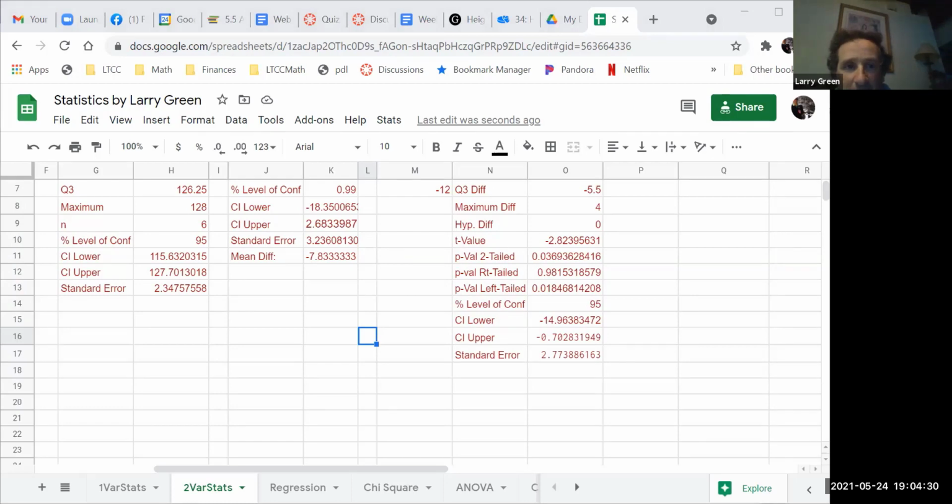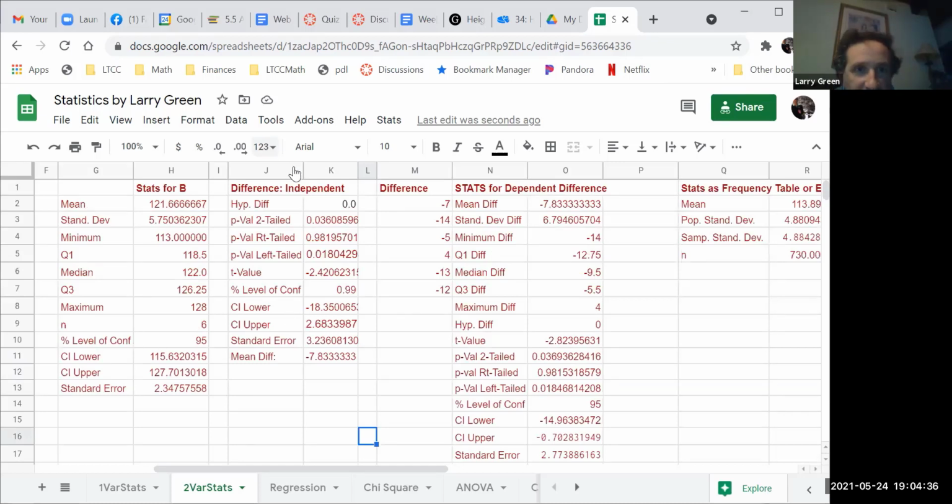Everyone's project is either going to have this J and K or the N and O, but not both, either JK or NO, copied and pasted in your project. So whatever you're doing, whether you're doing dependent or independent.